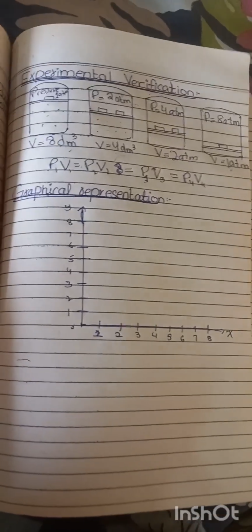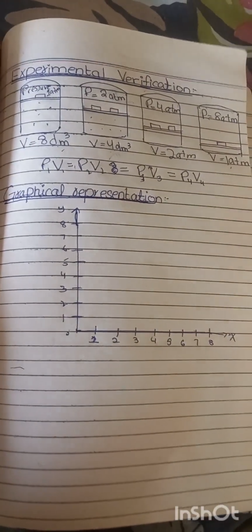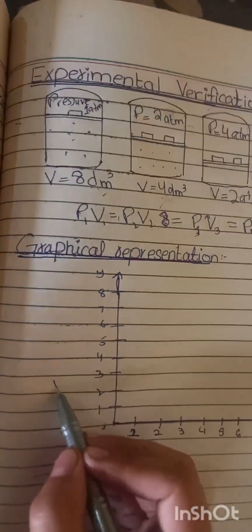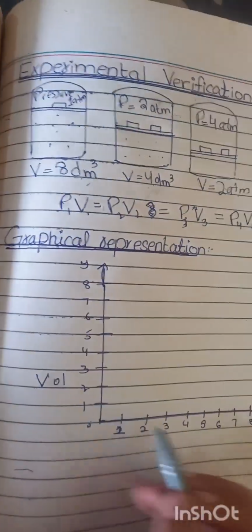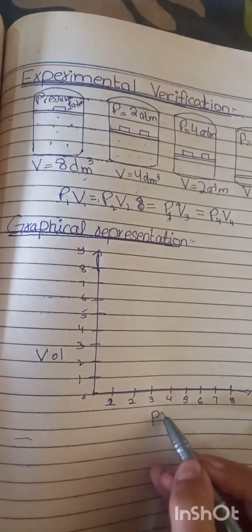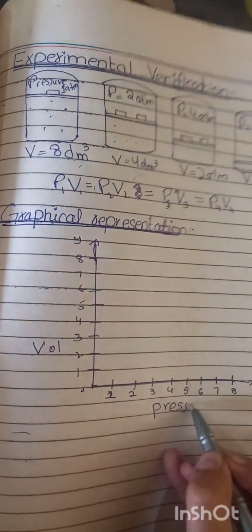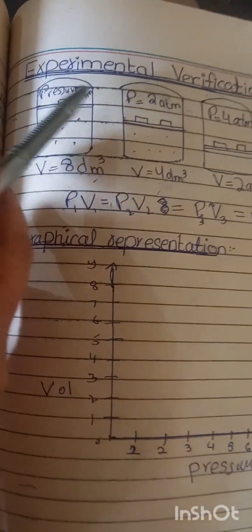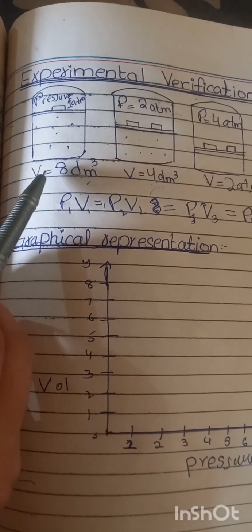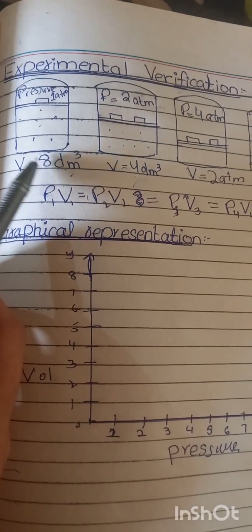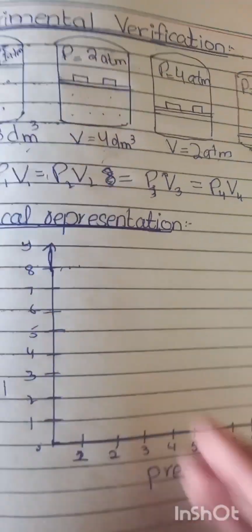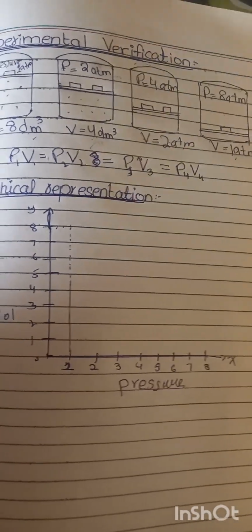Now let us move to the graphical representation. Now we are going to do the graphical representation of Boyle's law. On the y-axis we put the volume, and on the x-axis we put the pressure. So when the pressure was 1 atm, the volume was 8 decimeter cube, so we can mark it like this.